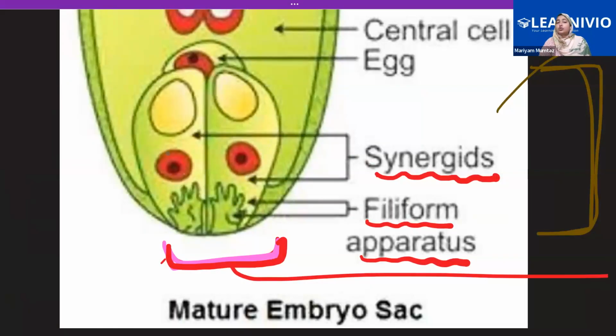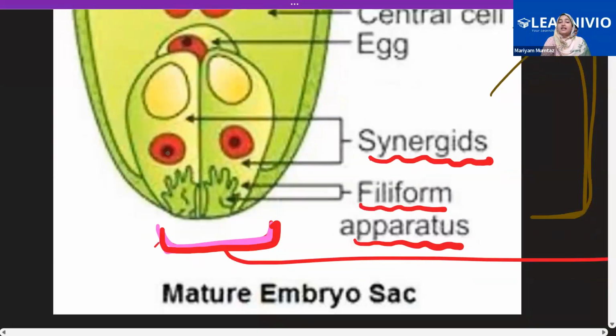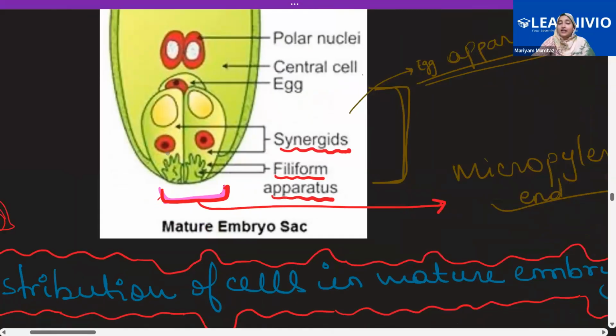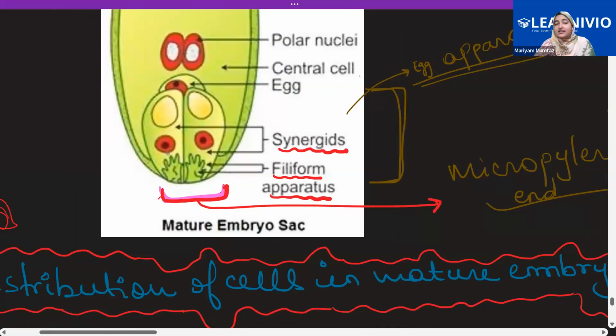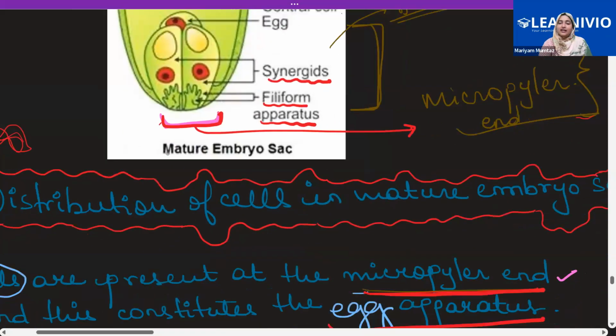So there are two synergids and one egg cell. The two synergids and the one egg cell together form the egg apparatus. The synergid has the filiform apparatus, which will be helpful for guiding the pollen. You will see that later on.